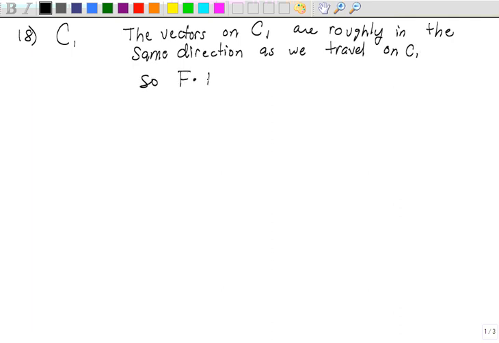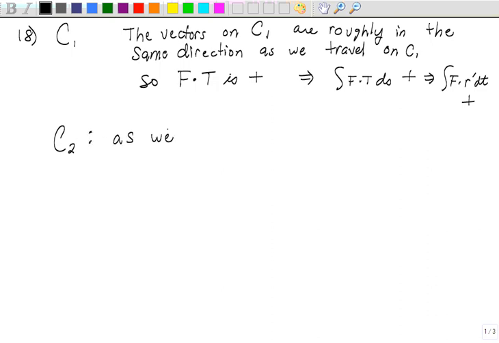So f dot t is positive since they're in the same direction. So the integral f dot t ds is positive, and that means the integral of f dot r prime dt is positive.